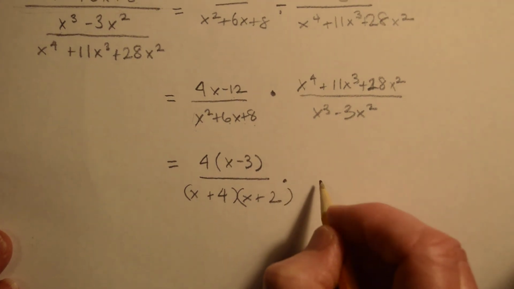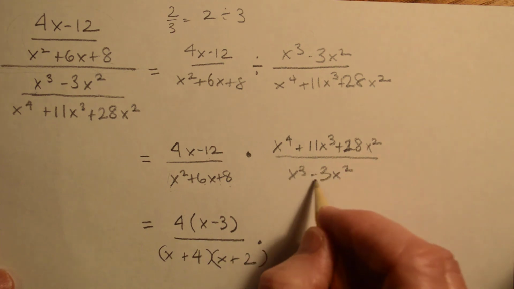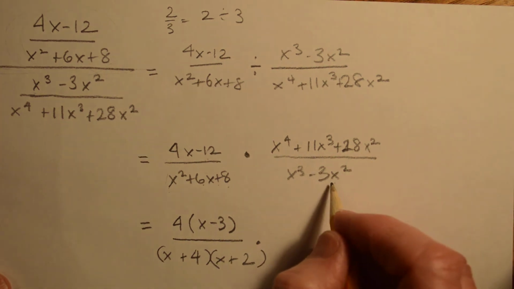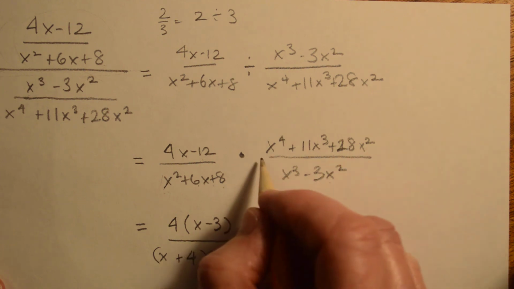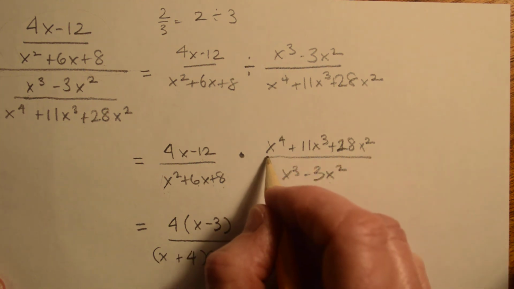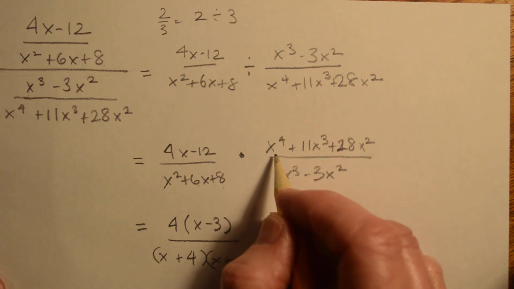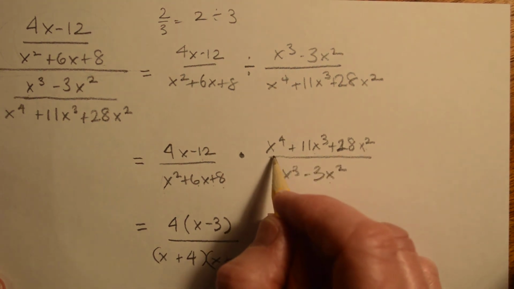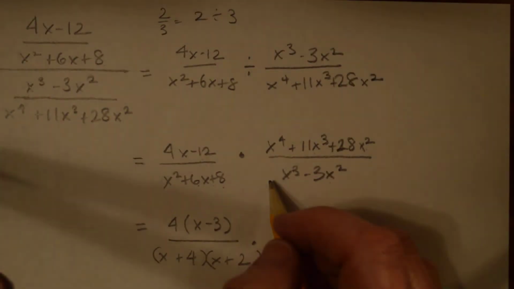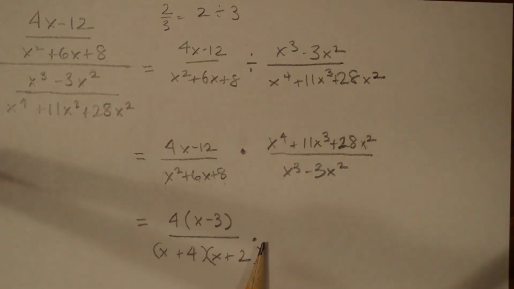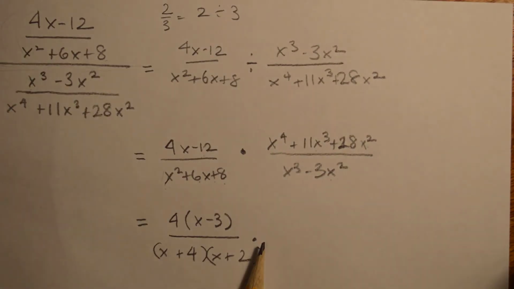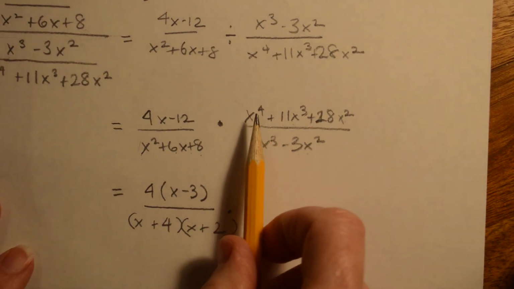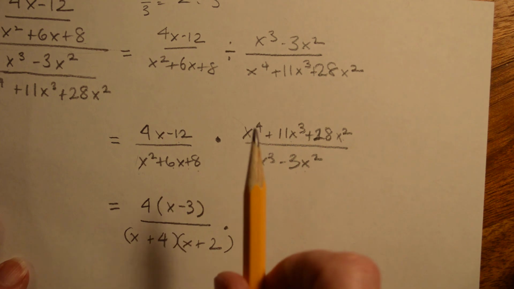In the second fraction, in each of these, I can take out a GCF first, and I definitely want to do that. This one is not an easy trinomial as it is. It does have 3 terms and the leading coefficient of 1, but technically it's called an easy general trinomial.